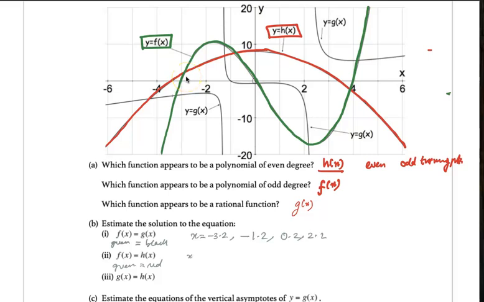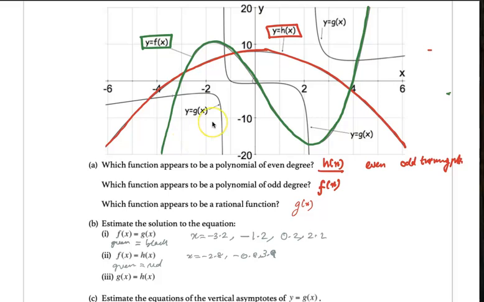Then here, minus 0.8, just before that. And here, 3.8, oh wait, sorry, I was looking at it wrong, like 3.9. Green is equal to red at 3.9.